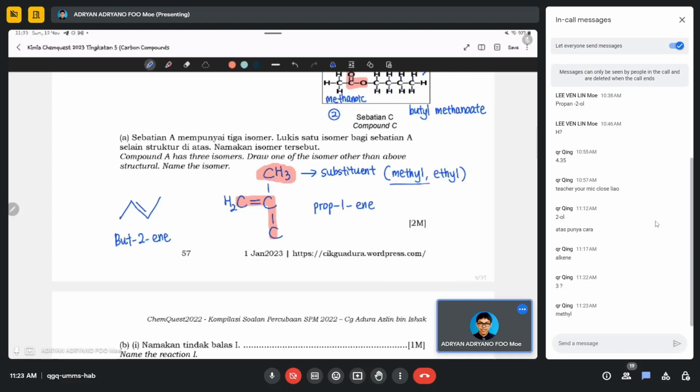So it is methyl. Yes, good. Okay. So methyl is located at carbon 第几？在第2个 carbon，所以它的名字会是 2-methyl。Okay, 2-methylpropene. This is the naming for this isomer.